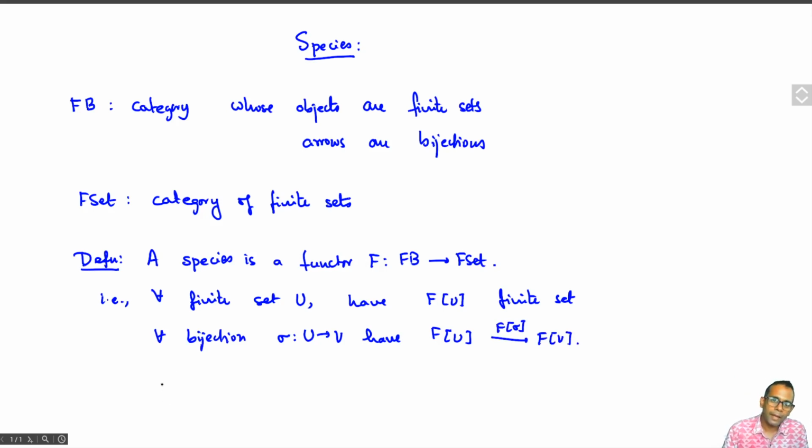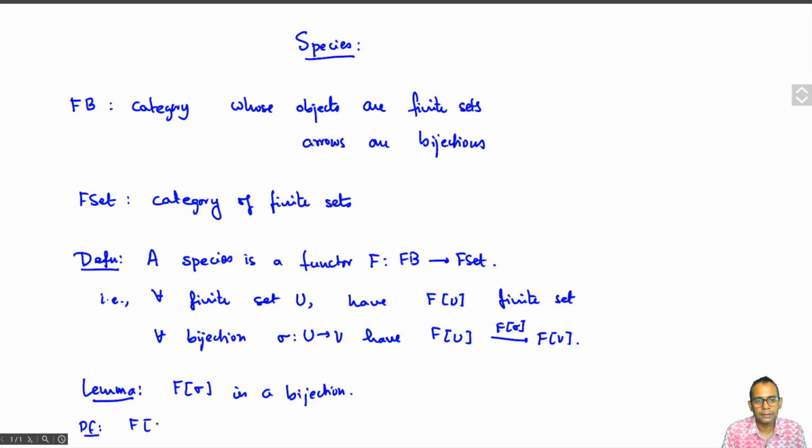Okay, and you can show that F sigma is always a bijection for every sigma bijection from U to V, and that's because F sigma inverse is F of sigma inverse.